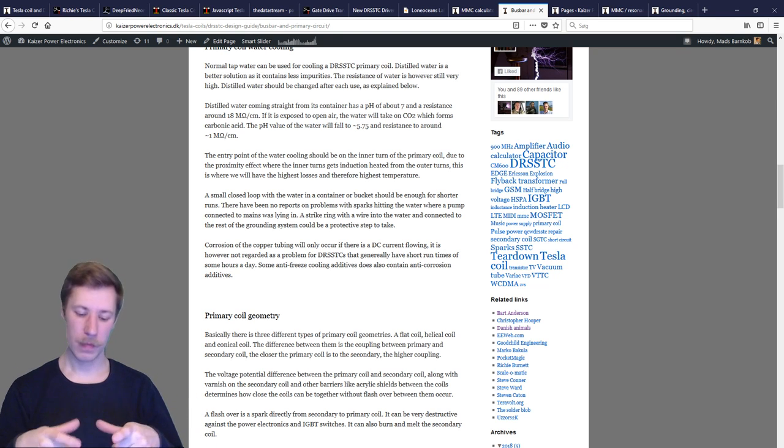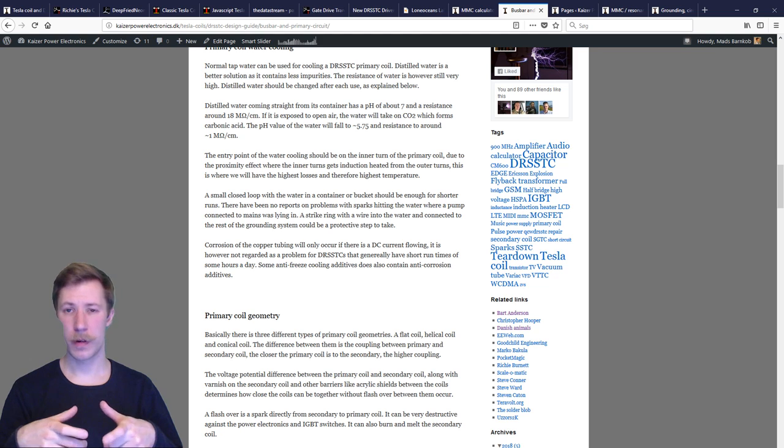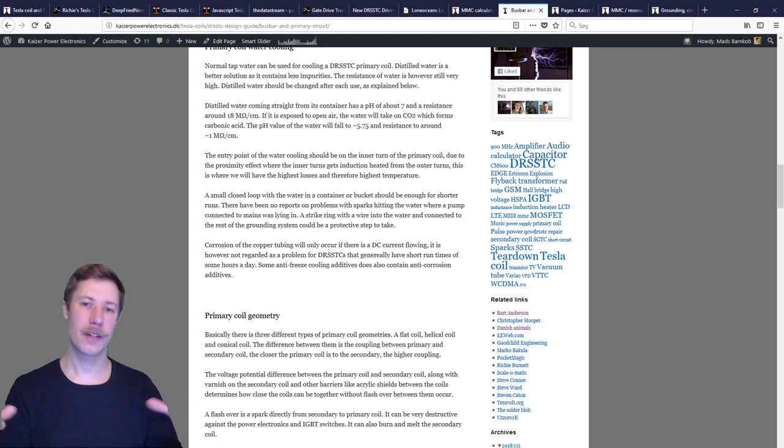So the innermost turn of your primary coil would get heated by all the existing turns on your primary coil. So you will have the highest temperature rise on the inner circles of your primary coil.